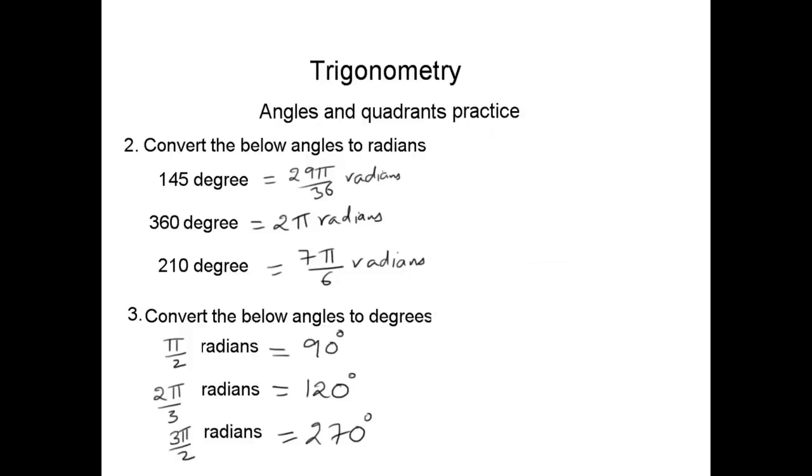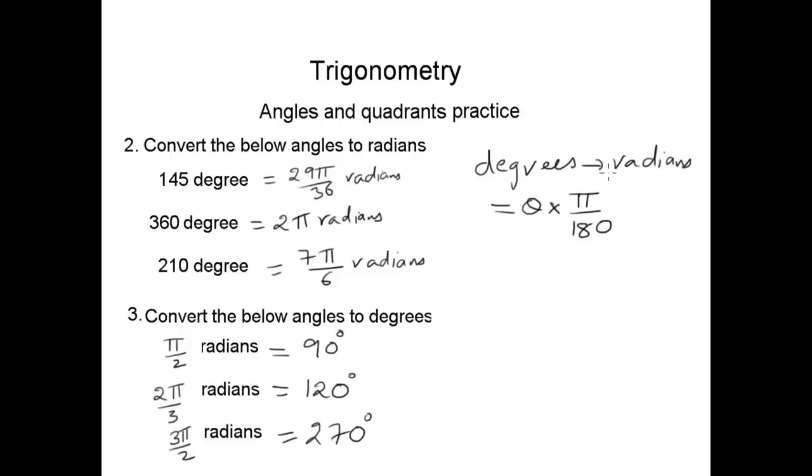So if you want to convert from degrees to radians, then you multiply whatever angle you have here times pi over 180, right?